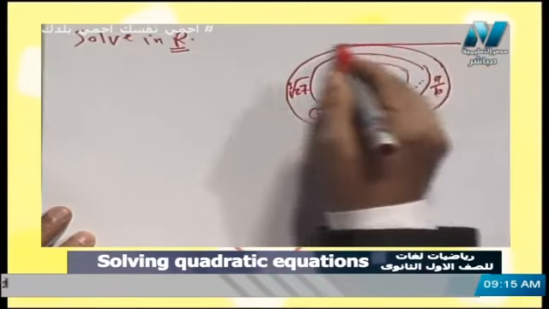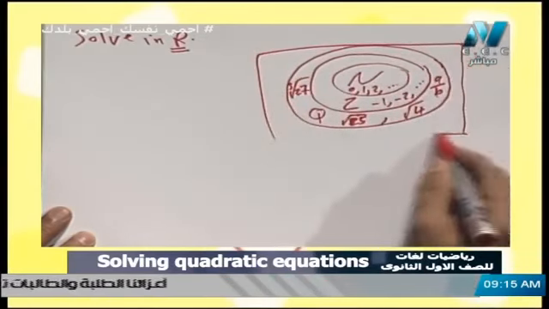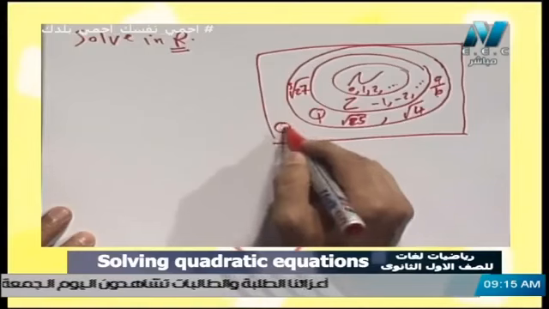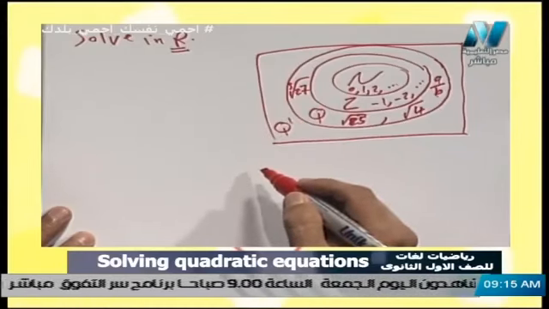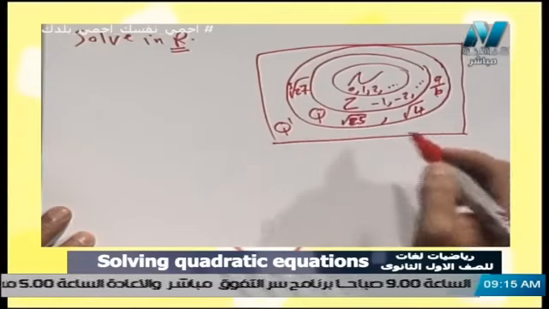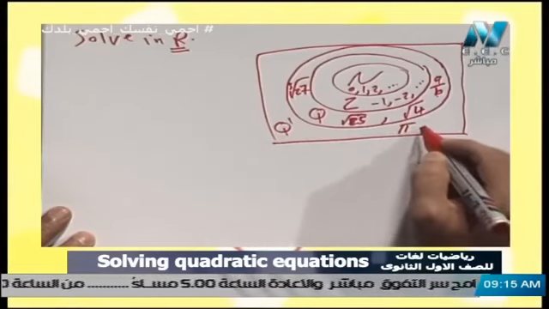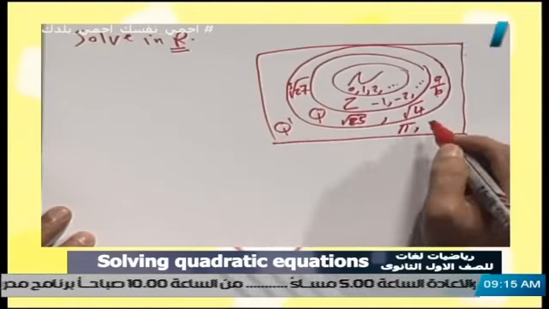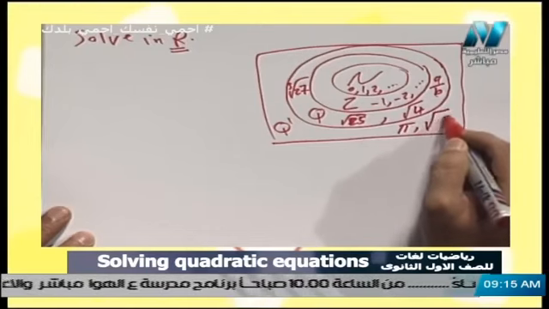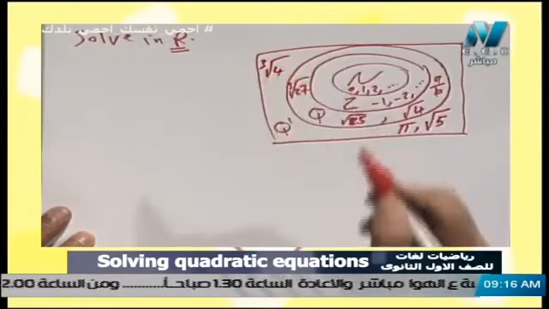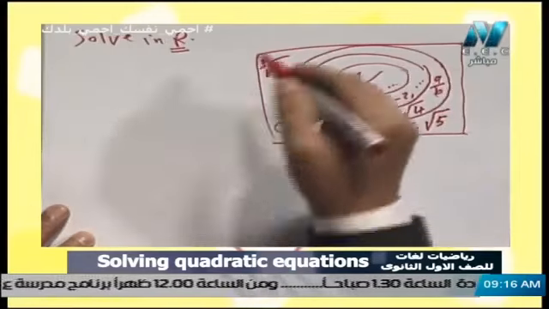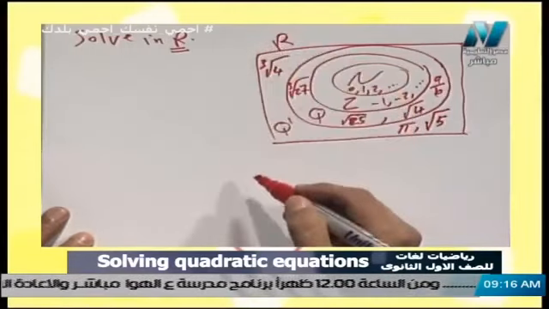And also we have Q dash, the set of irrational numbers. These numbers are such as pi, as we said before, square root of 5 as an example, cubic root of 4, and so on. All these numbers are called R, which is the real numbers.